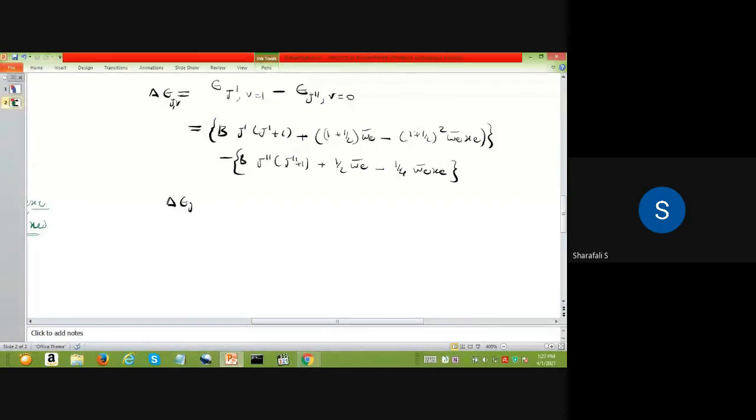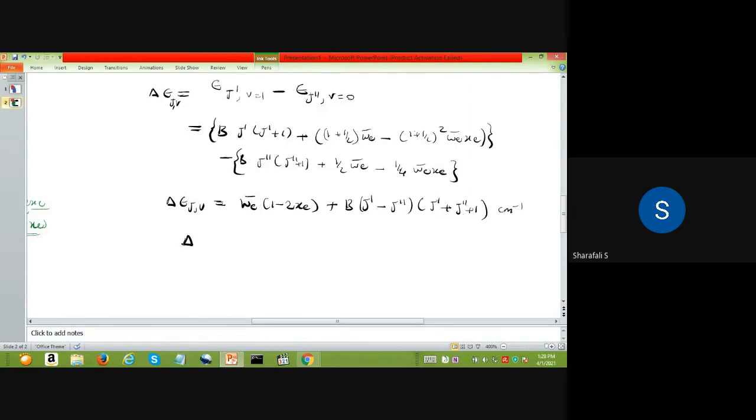So if you calculate these values, then we'll get Δε(J,V), which is equal to ω_e bar into (1 − 2x_e) plus B into (J' − J'') into (J' + J'' + 1), this much of centimeter inverse.